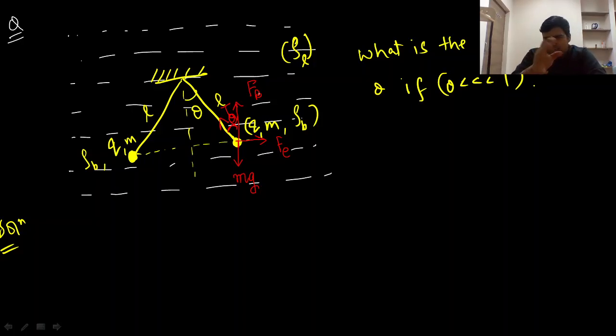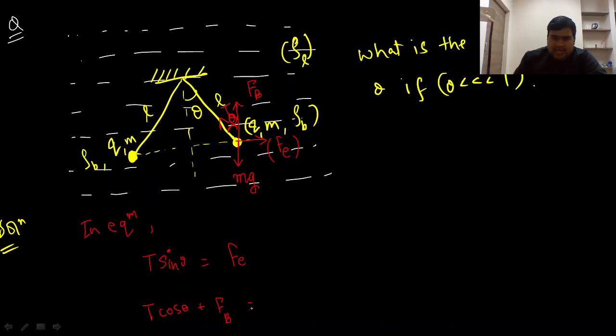So now this is in equilibrium. In equilibrium, we can balance the forces. T sin theta can be written as Fe, and T cos theta plus this force of buoyancy can be written as mg. So basically this is a simple question.